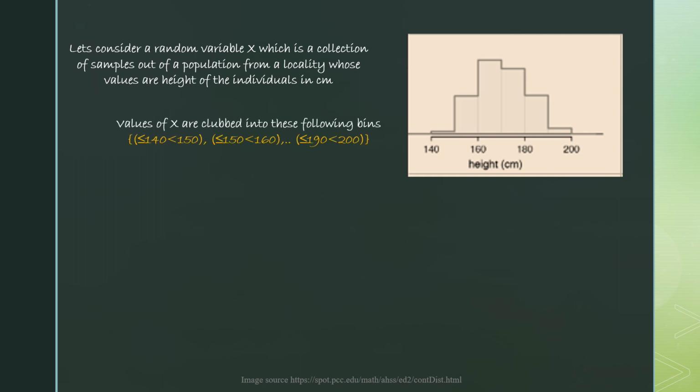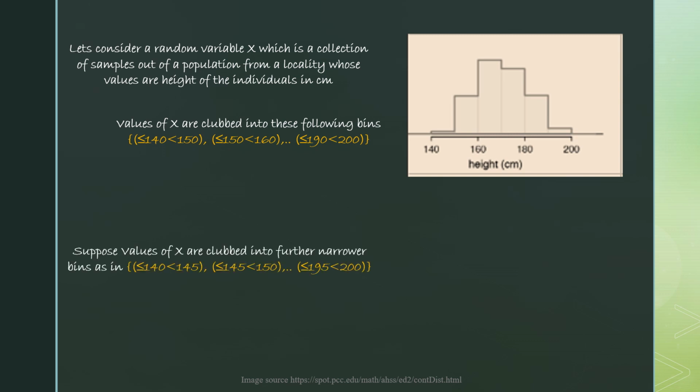Values of x are clubbed into these following bins. The intervals for the bins are greater than or equal to 140 and less than 150, greater than or equal to 150 and less than 160, and so on until greater than or equal to 190 and less than 200. And the probability corresponding to each of these bins is captured in this histogram.